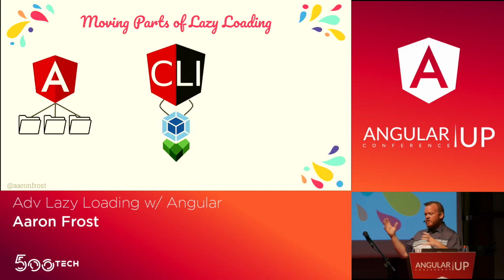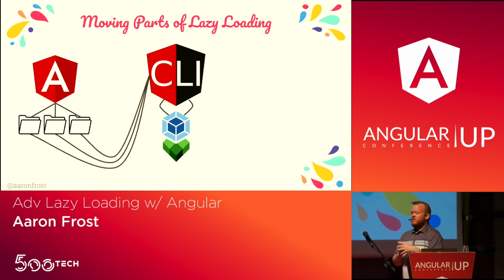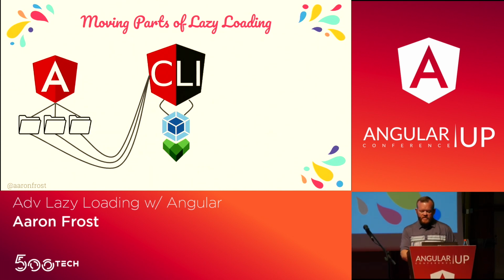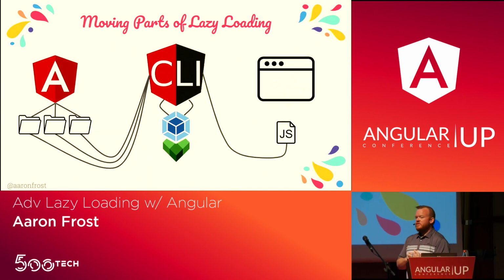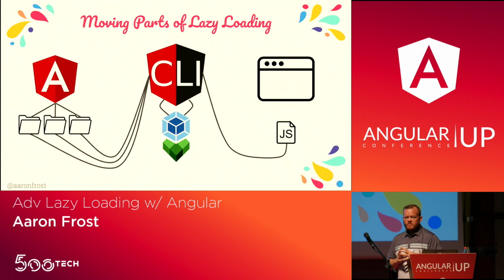In our app, as shown in that previous route configuration, we have 3 features in 3 different folders. Those 3 folders get funneled into the CLI, and the CLI outputs them into one JavaScript deliverable that the clients are going to get.